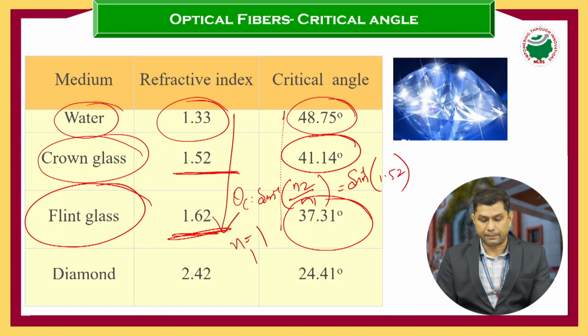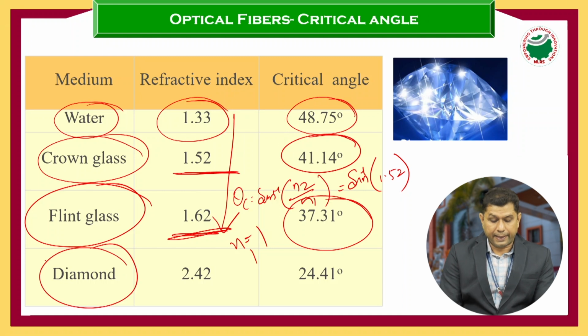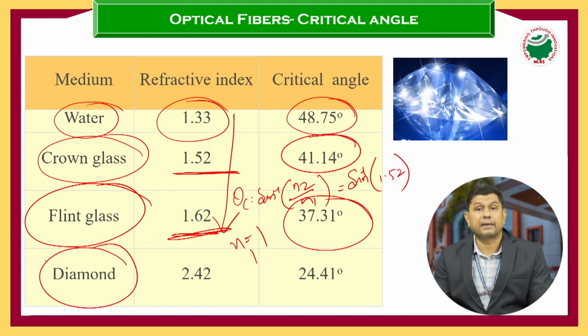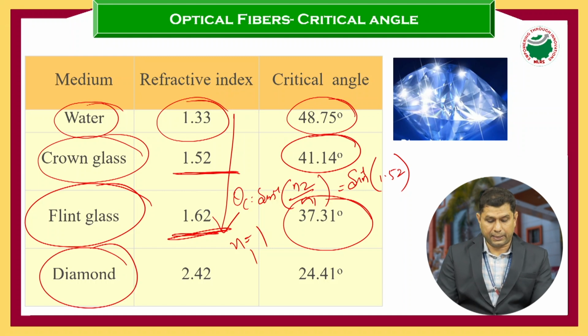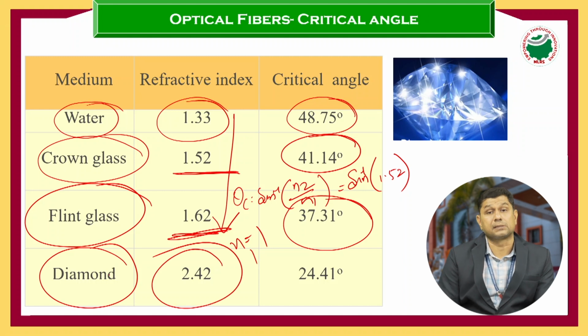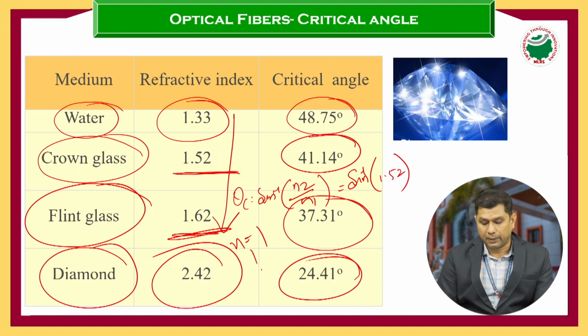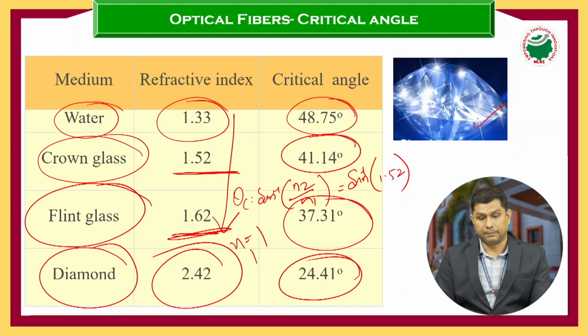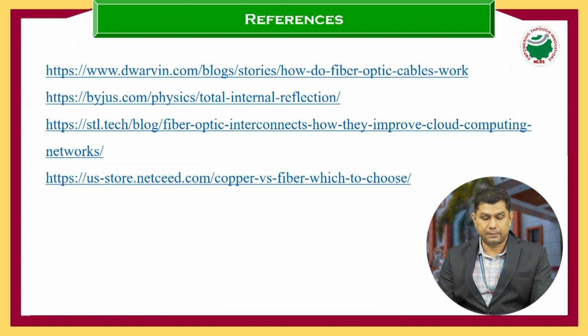You can observe that. Next, consider diamond. You know very well diamond glitters. Why does diamond glitter? Its refractive index is very high, 2.42, so its critical angle is 24.41, very low. That's why diamond glitters. So this is about the different materials and their critical angle calculations.